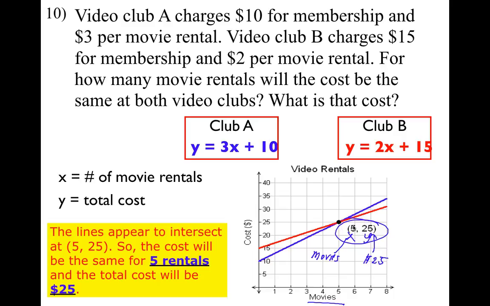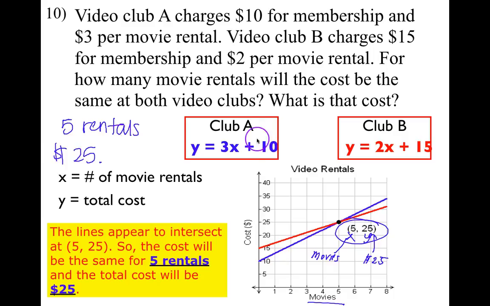So when will they both be the same? Well, at 5 movies. And what will it cost? $25. Since the question was for how many movie rentals will the cost be the same for both clubs, I would say it's for 5 rentals. And what will the cost be? Well, it would cost $25.